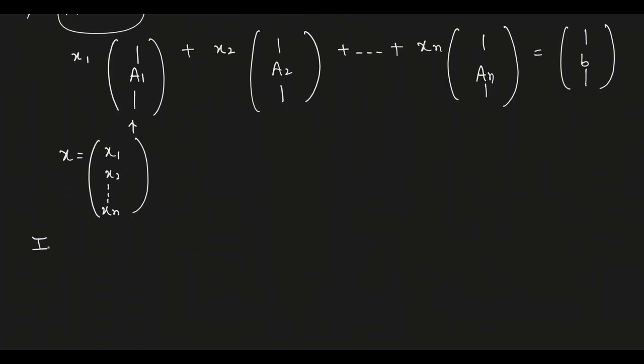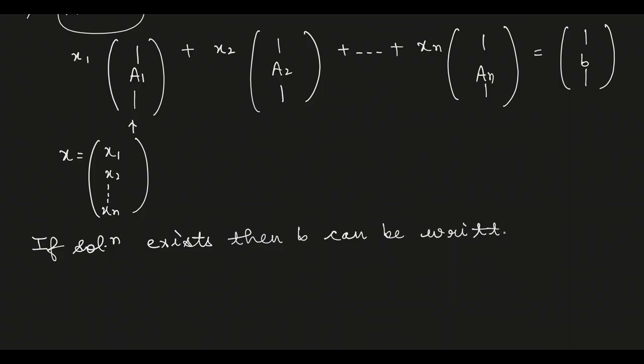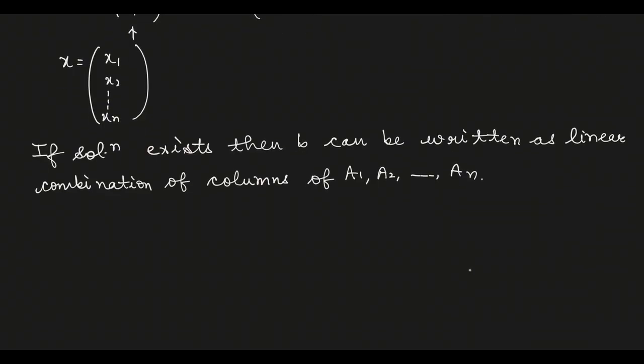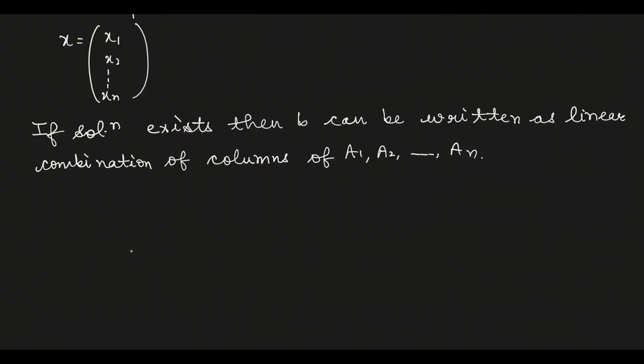Now if a solution exists, then B can be written as a linear combination of columns a1, a2 and so on till an.